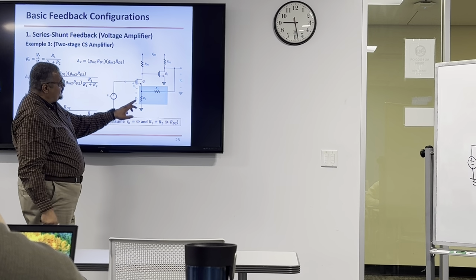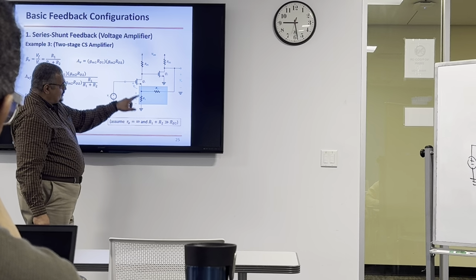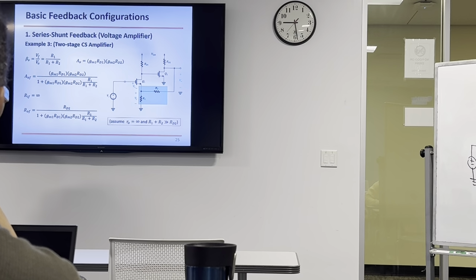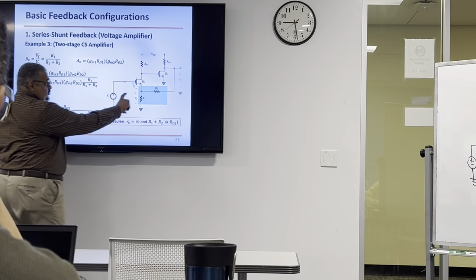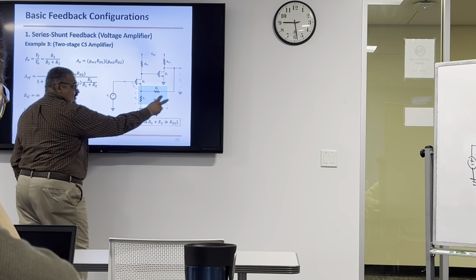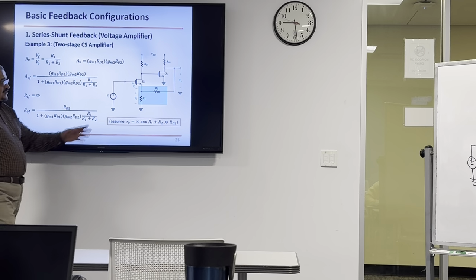Now you mix Vfeedback with Vs. How did you mix it? Are they in series or in parallel? Did I mix this voltage in the input circuit? So I sample from the output circuit and I mix into the input circuit. It's a series. Why?